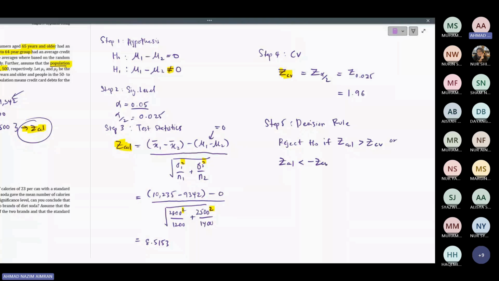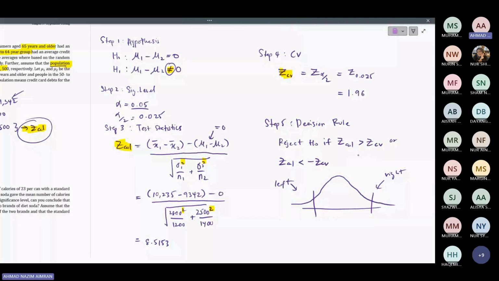Okay, for this one, why? Since we are testing a two-tail test, a two-tail test means that this is the distribution. So our hypothesis now, we are testing on the right tail as well as on the left tail.